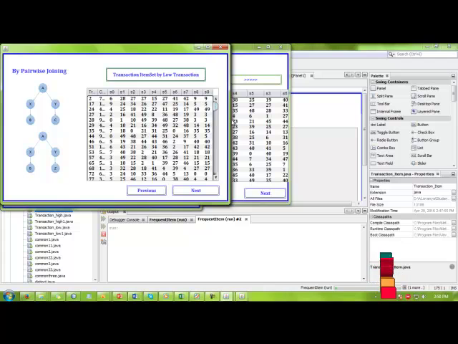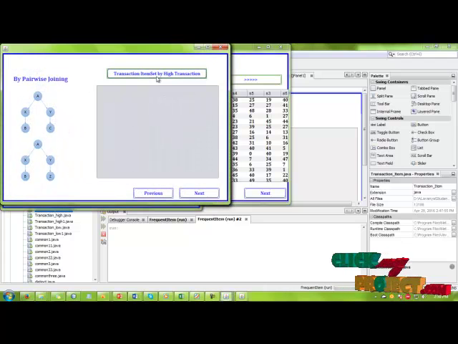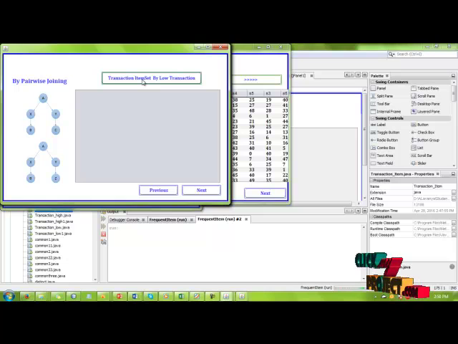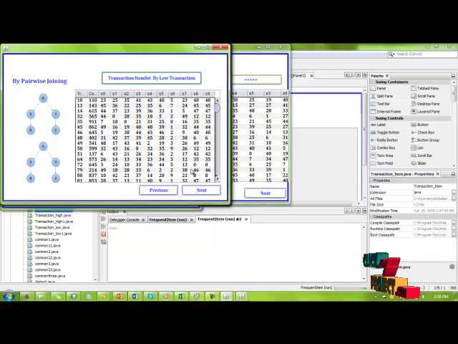Likewise, we find out for low also. After that, here we filter the maximum for S1, S0 to S4 with high transaction. These four particular products are highly bought by the users. After that, we find out for low.